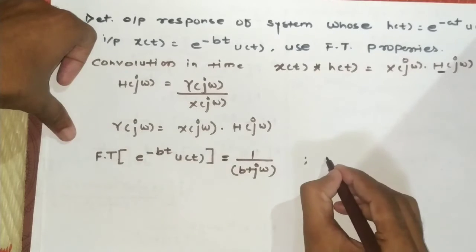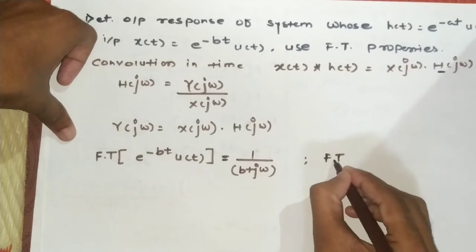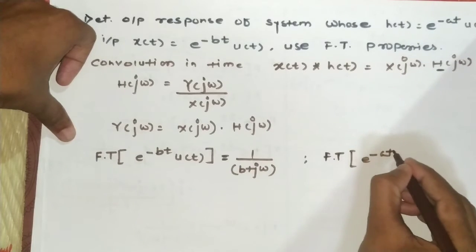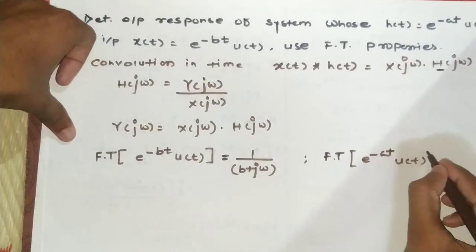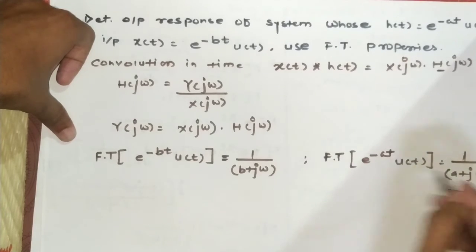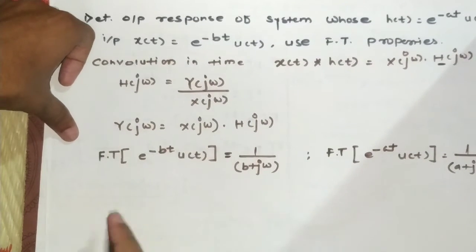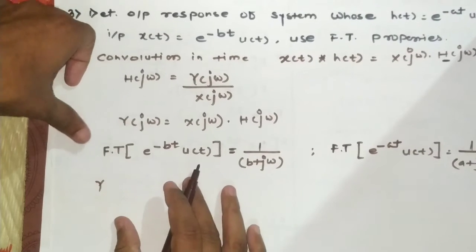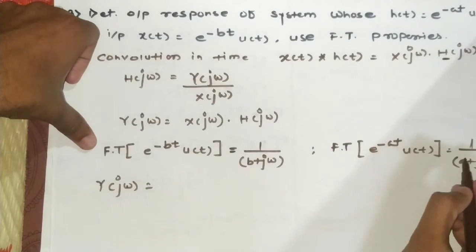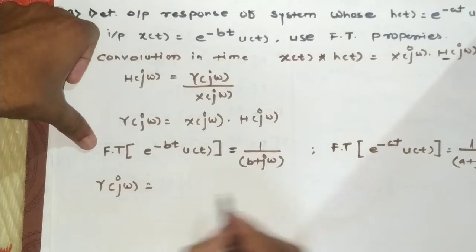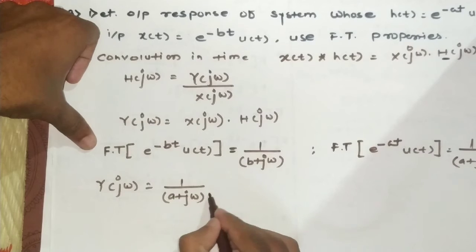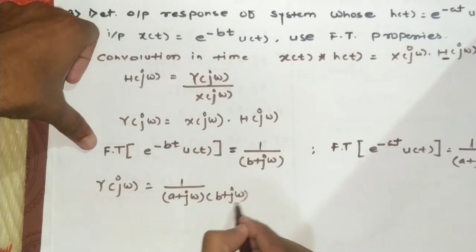Similarly, the Fourier transform of h of t, which is e raised to minus at into u of t, will be 1 upon a plus j omega. Now I will put all these values in the given equation. Y of j omega is equal to 1 upon a plus j omega into b plus j omega.